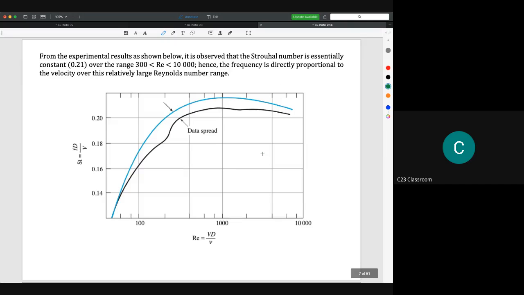So this is the common graph to show the range of the Strouhal number from the Reynolds number of 300s to 10,000 here. The black line is the experimental data and the blue line is the predicted data from the calculation. So we find that the Strouhal number actually fluctuates at around 0.2.